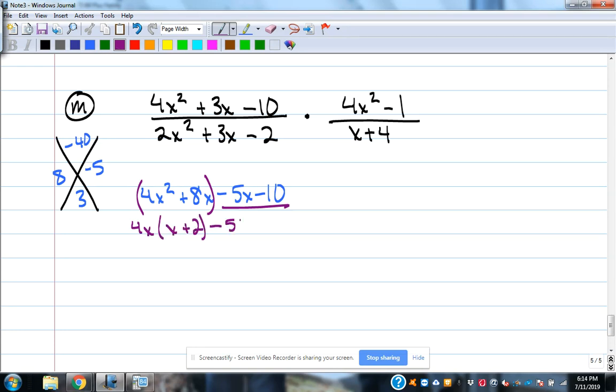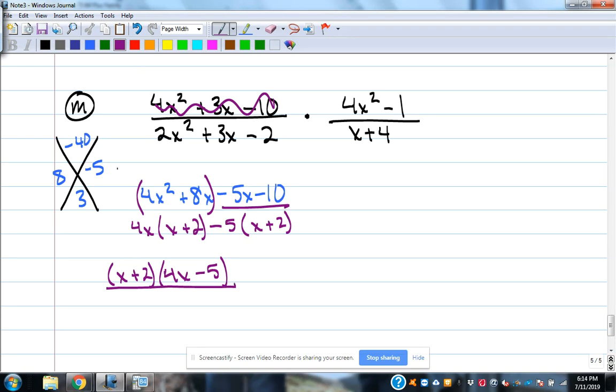That's got a minus 5, and then x plus 2. So the top left fraction is now 4x minus 5 and x plus 2. I'm done with that. So that right there is the factoring for that.